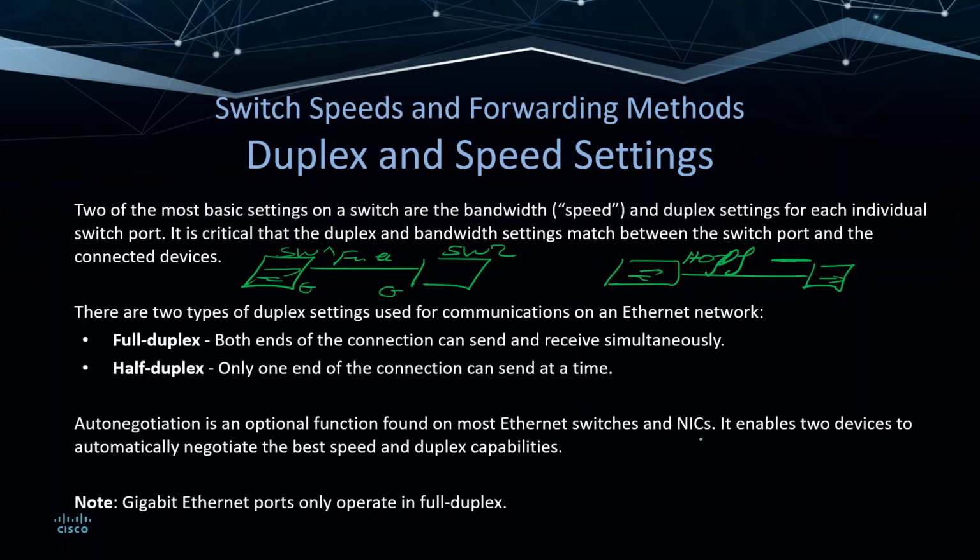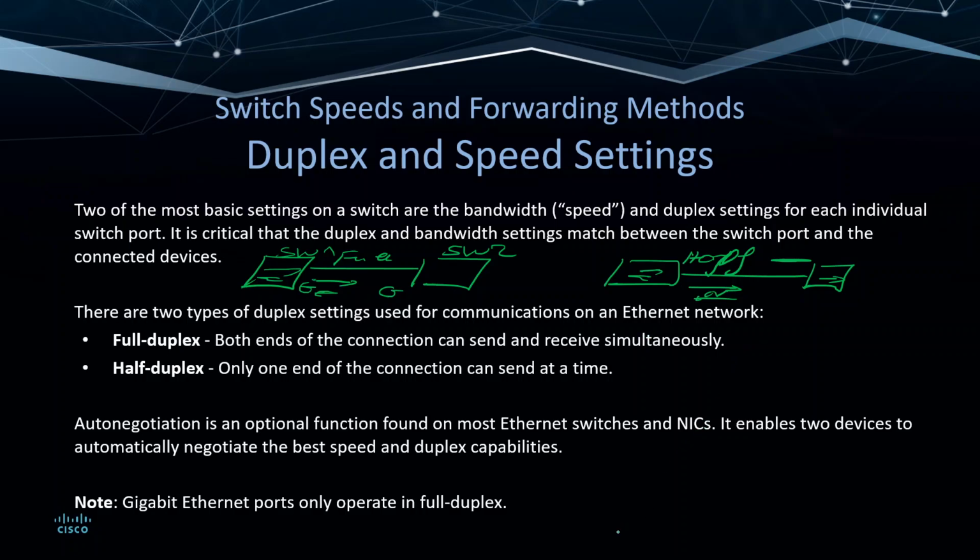With full duplex, the port can send and receive at the same time, while half duplex can only send or receive at a time. It cannot send and receive simultaneously. If it's sending, then it cannot receive. If it's receiving, it cannot send.